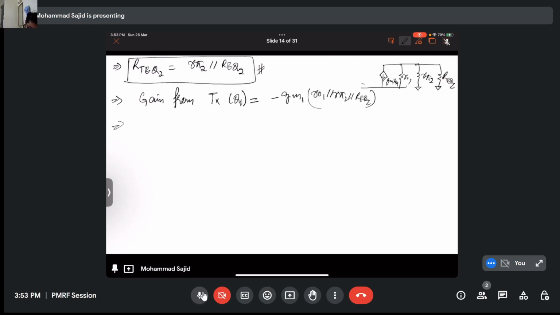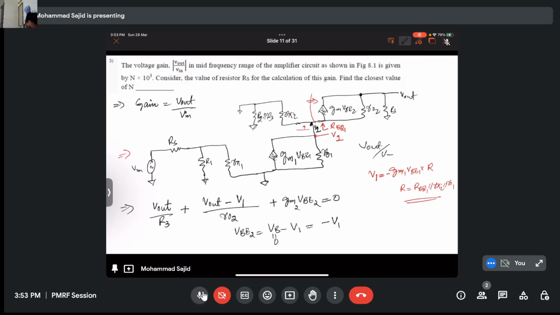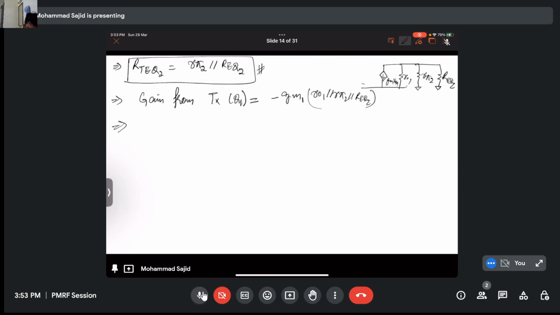Now, one second. The question says you have to take RS as well. So the gain we calculated is V1 divided by VBE1, and that is GM1 times R01 parallel to R52 parallel to R emitter equivalent.